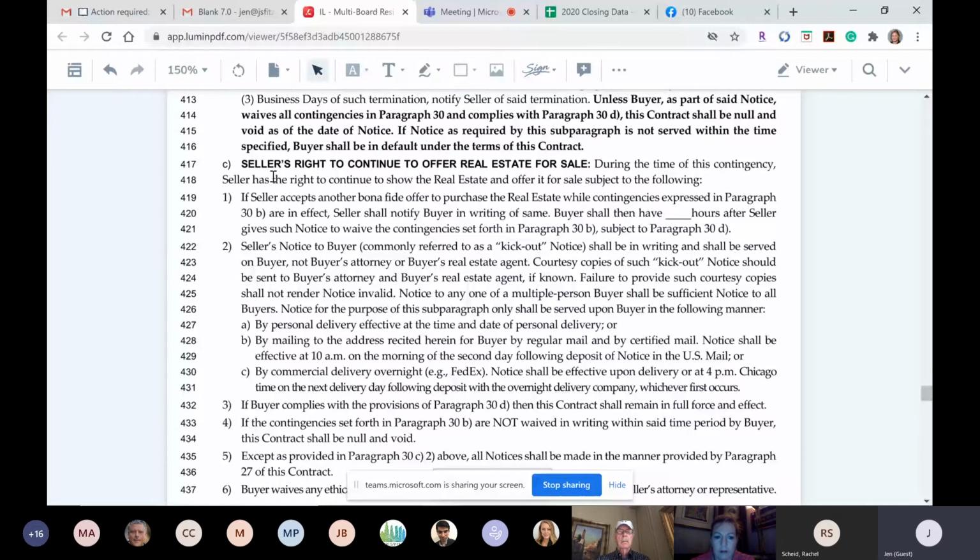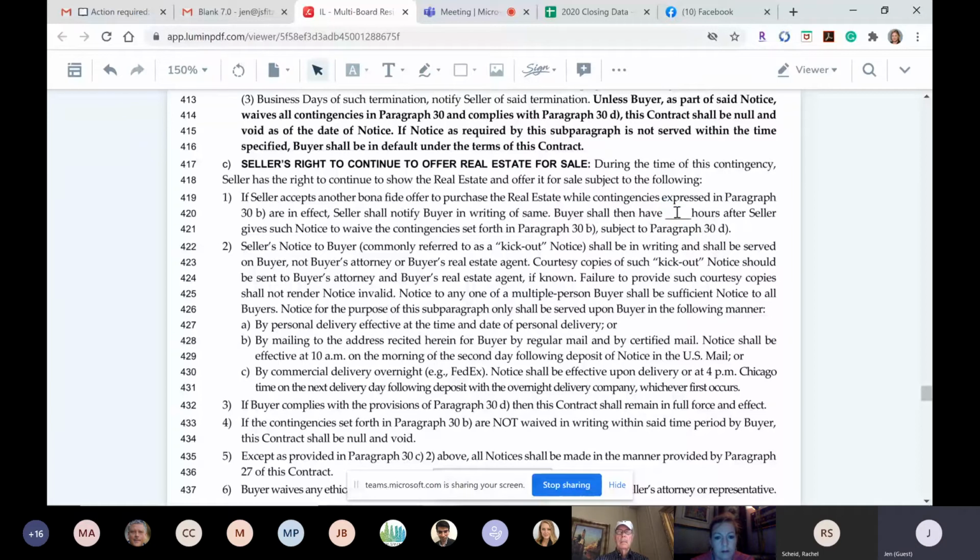And so what this is, is that you can keep this listed as contingent on the MLS, and other people can still have the right to look at this property. And if you get a backup offer, you can kick out this contract right here.